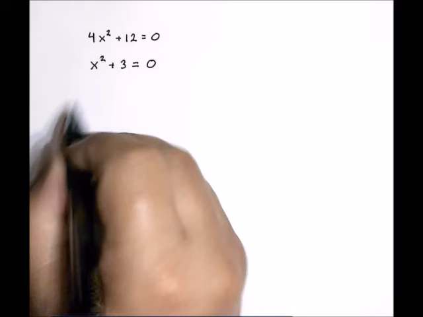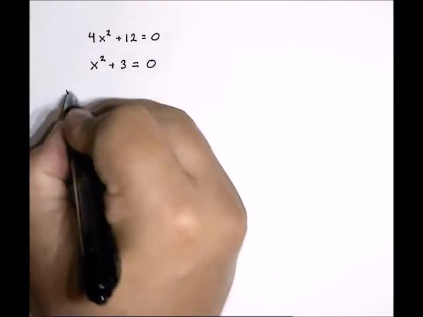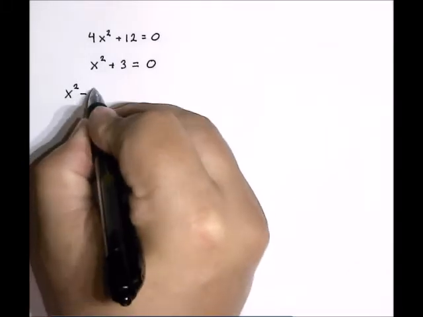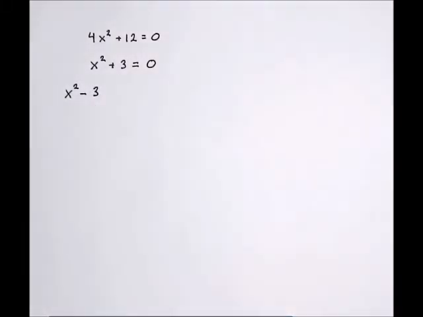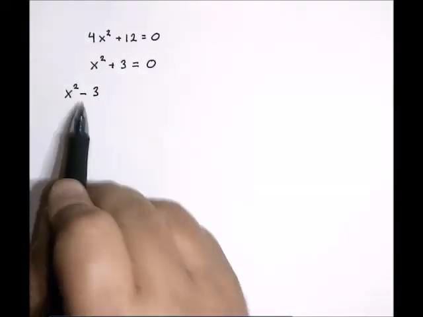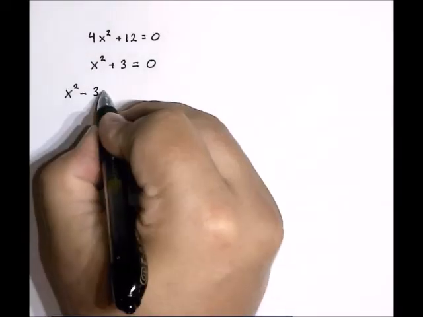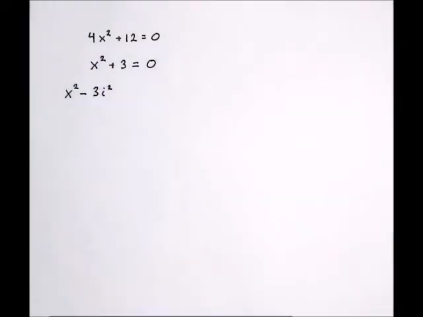For the factoring method, I need a negative in here. So I'm just going to turn that positive into a negative. And I'm allowed to do that as long as I multiply this by negative 1 in order to not change the equation. And if you recall, I squared is negative 1.